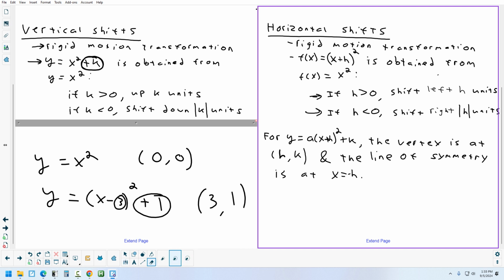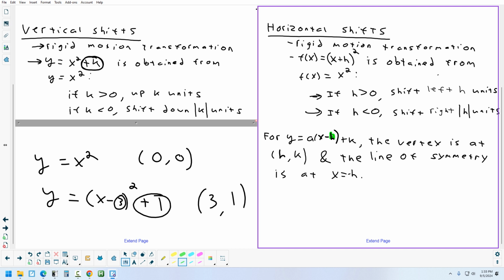H. Okay, and let me highlight the two things that tell you the vertex.